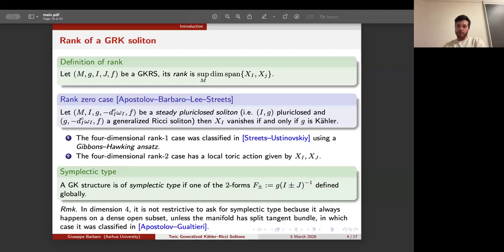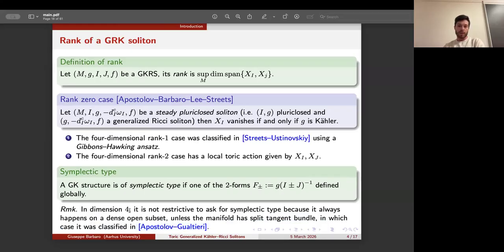Either the manifold is of symplectic type on an open dense subset, or it has a split tangent bundle. And the case where it has split tangent bundle, these were classified by Besti and Gualtieri.